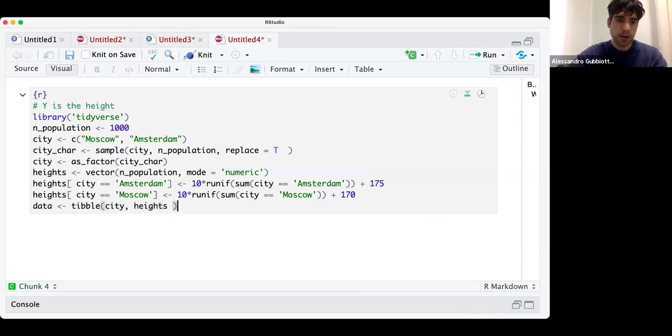So now I should have my data, and now I can plot it.